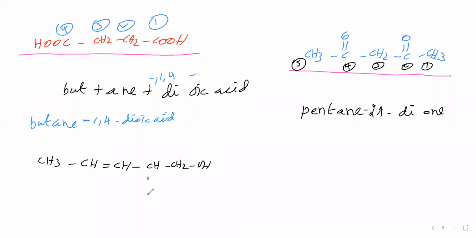This CH is having a branch C CH3, then CH CH3 CH3. Now the functional groups here are alcohol and another one is the CC double bond. Now we have to select the parent chain.